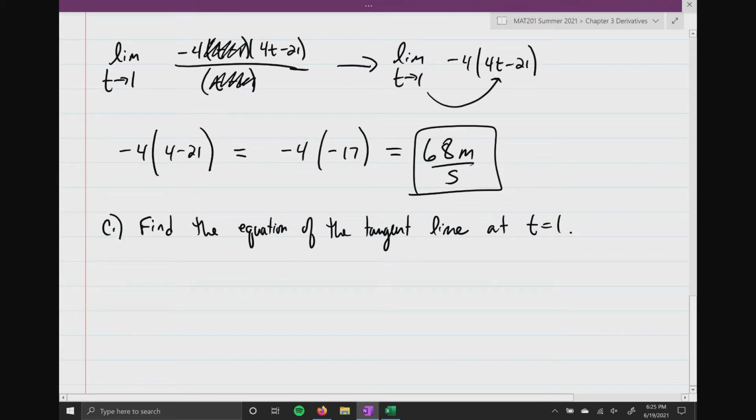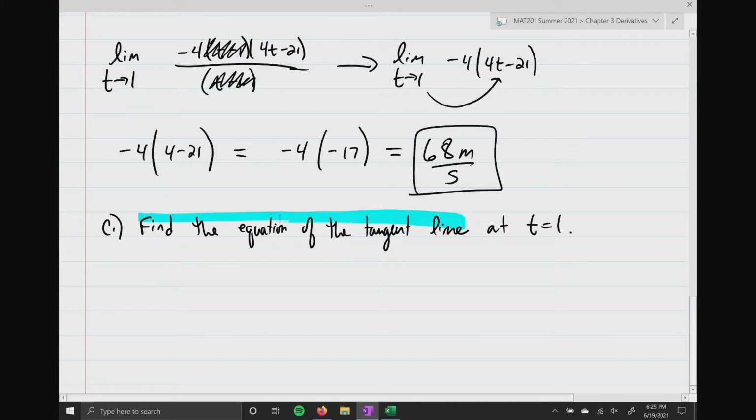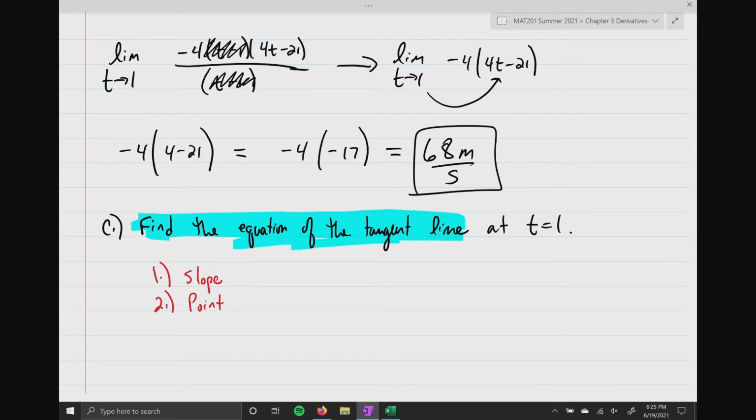Anytime, and I'm going to highlight this, anytime you see the words find the equation of the tangent line, you need to be thinking two things: one, you need the slope, and two, you need a point. Now, back in algebra class, you did tons of problems like this, where it was like, find the equation of a line, find the equation of a line parallel to, or perpendicular to. Regardless, you've seen the words, find the equation of the line.